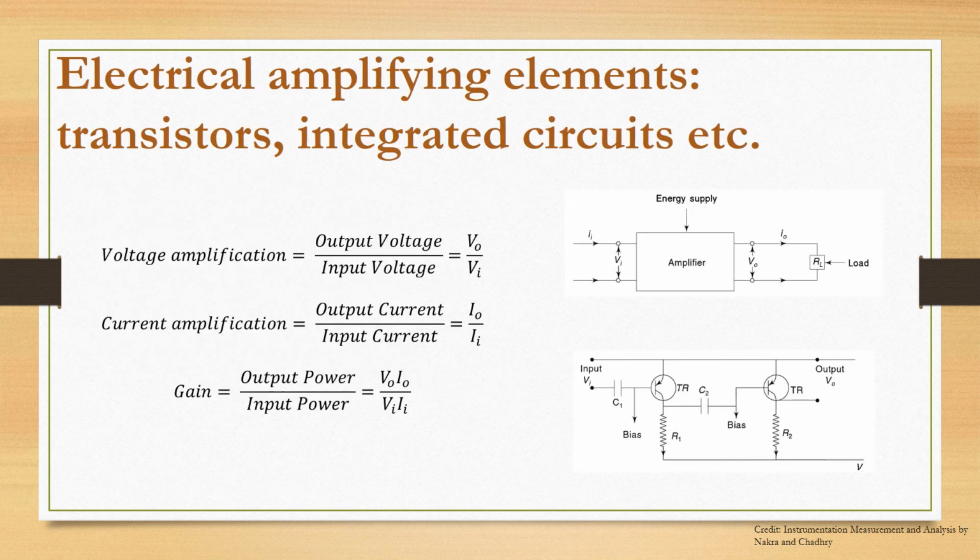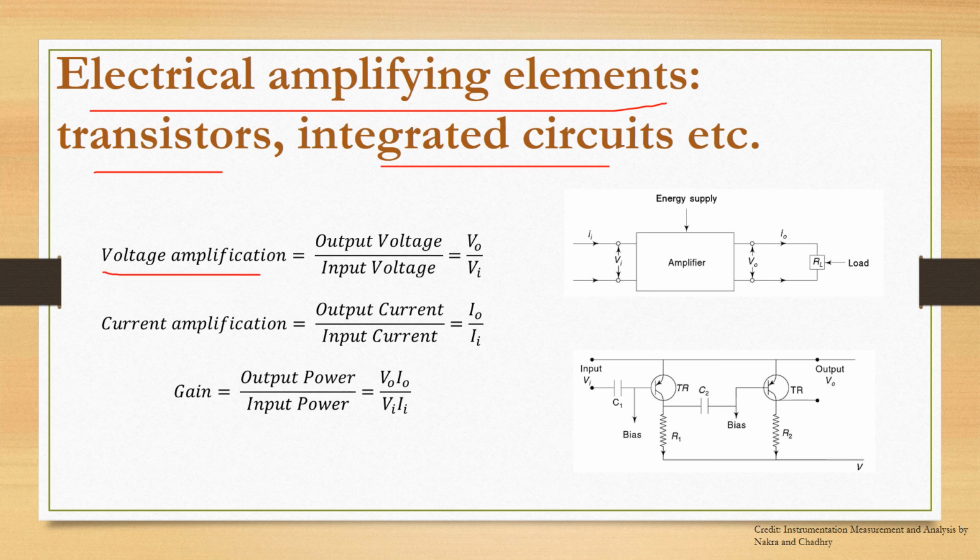Then you can have electrical amplifying elements such as transistors, integrated circuits, transformers. And in electrical amplification, we can have voltage amplification, in which we are amplifying the voltage, and it will be equal to Vo by Vi. Then you can also have current amplification. In this, you are amplifying the current, that is Io by Ii.